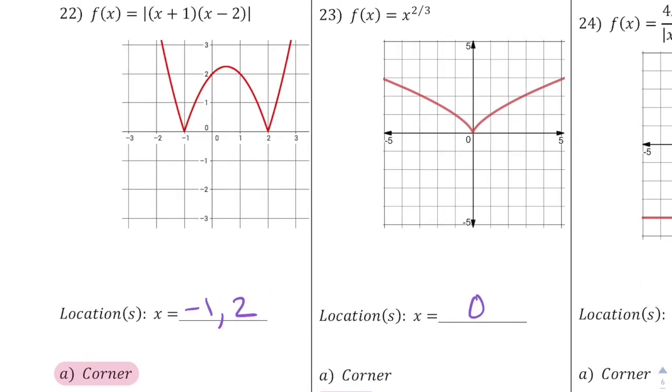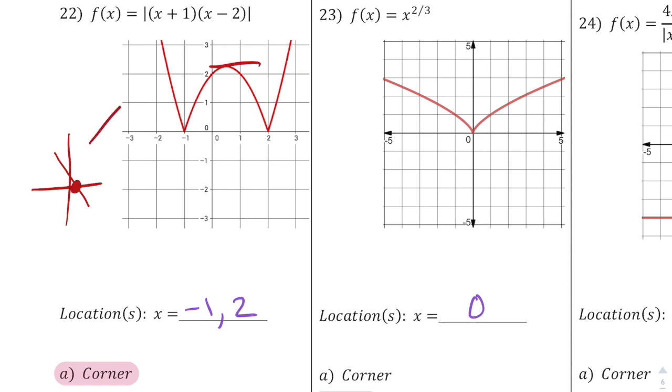Number 22. This one is a corner. Although it might look like a cusp, the derivative on both sides, and you'll have to graph this to see it, will look something like this. From -1 to 2, it will look something like this, with a positive slope, and then a negative slope with a 0 right here.